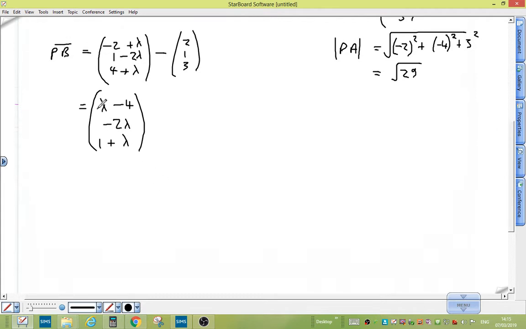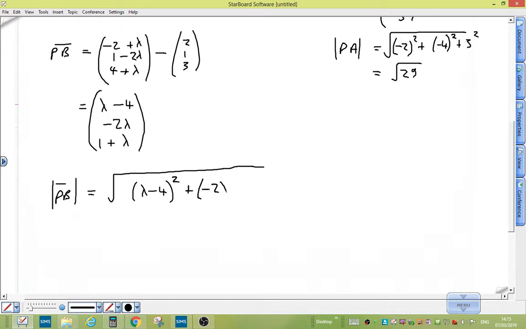So PB modded will give you the square root of your lambda minus 4, that's your i component, squared, plus your j component squared, plus your 1 plus lambda squared. But I know that that will equal the same as PA, which is the root of 29.